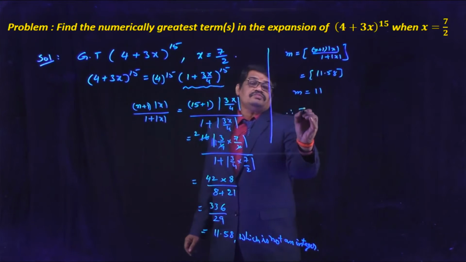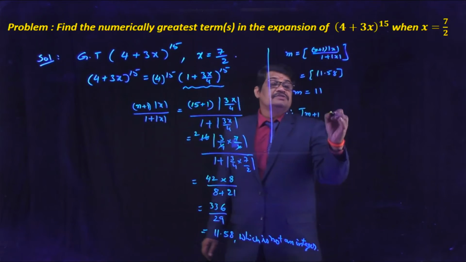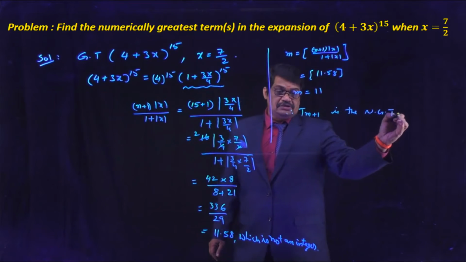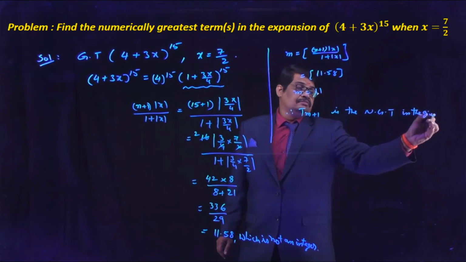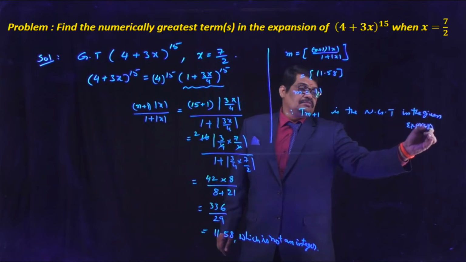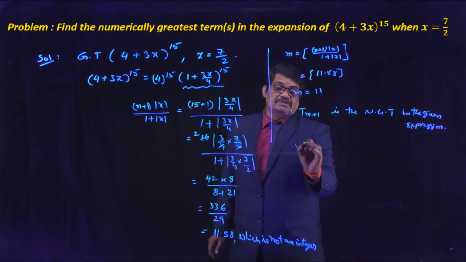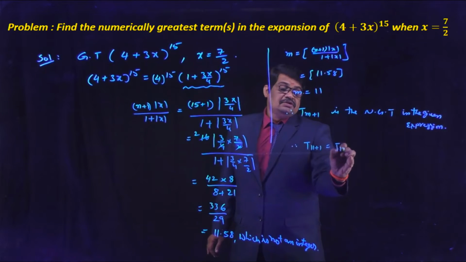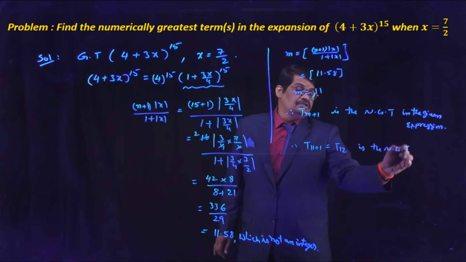So T(m + 1) is the numerically greatest term in the given expression, that is T(11 + 1), T12, is the numerically greatest term.